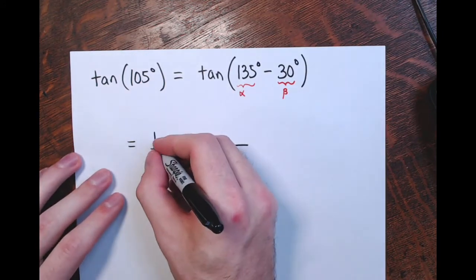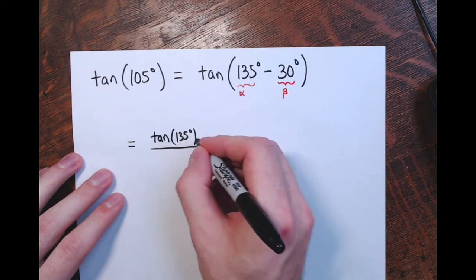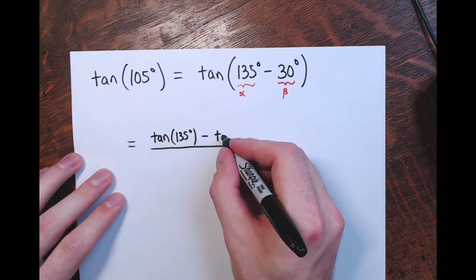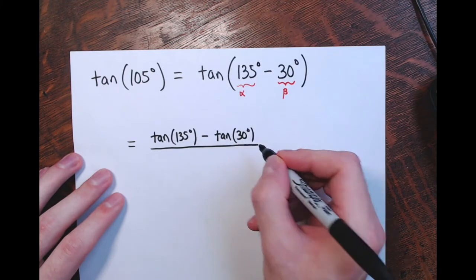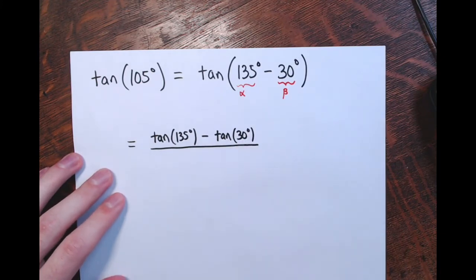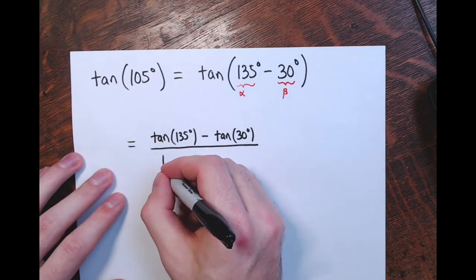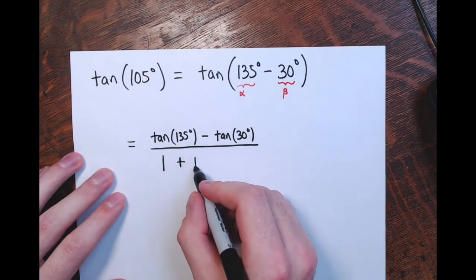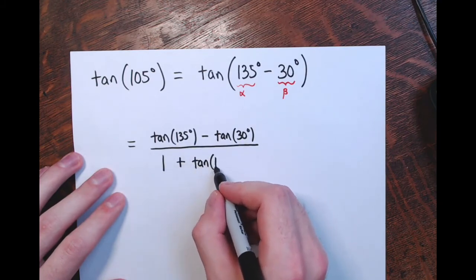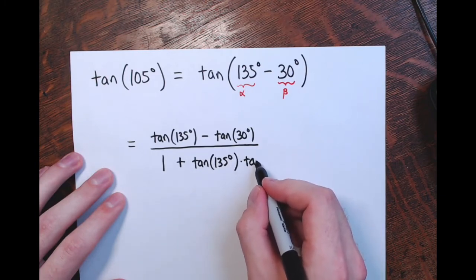You'd have the tangent of 135 degrees minus the tangent of 30 degrees in the numerator. Then all that divided by 1 plus the product of these tangents, so the tangent of a 135 degree angle multiplied by the tangent of a 30 degree angle.